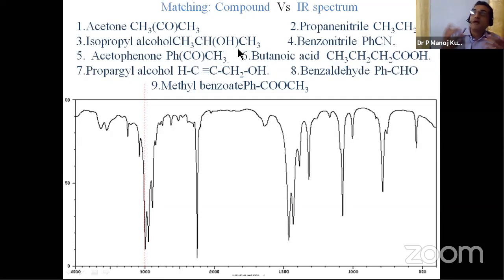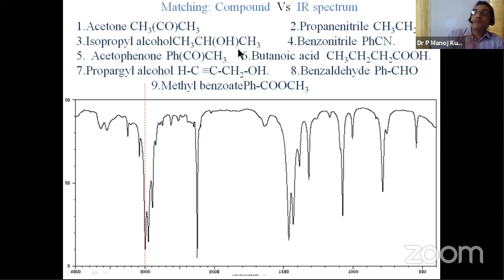So when many functional groups show up in more or less the same region, we have to search for other diagnostic bands also. But it is definitely an analytical tool, and it can tell us the functional groups present in our compound. It is concrete evidence for that.